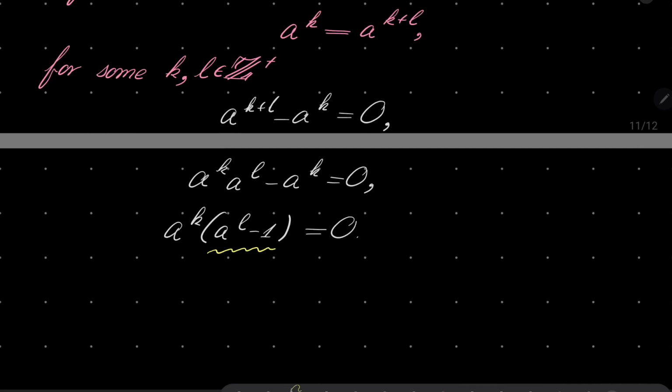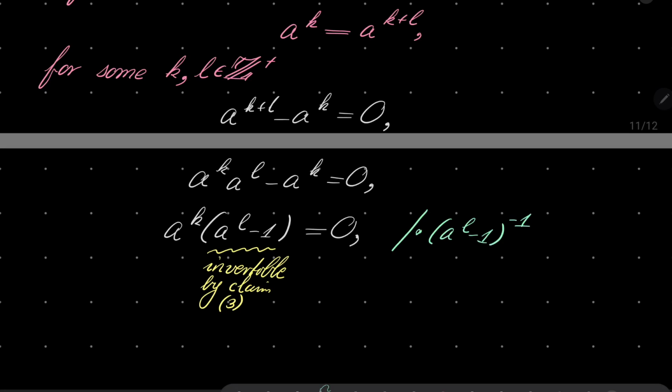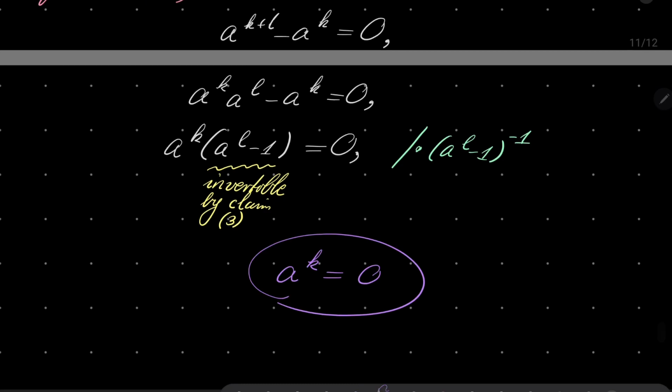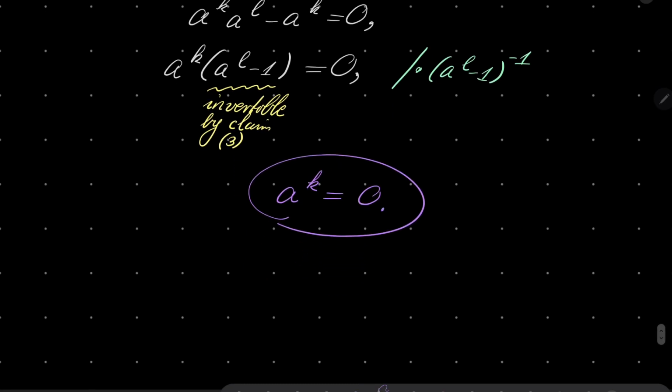This is invertible by claim number 3. Which means that I can take this equality and multiply by the inverse of a to the power of l minus 1. And I have finally the following: a to the power of k equals 0, which means that my element A is nilpotent.